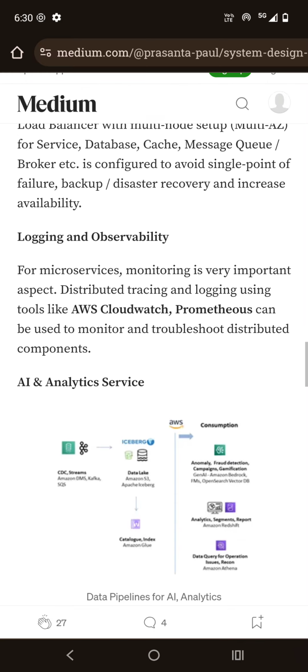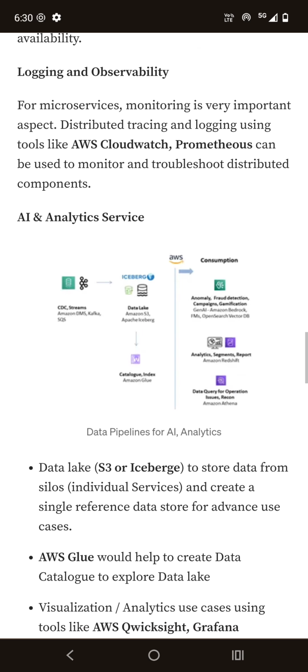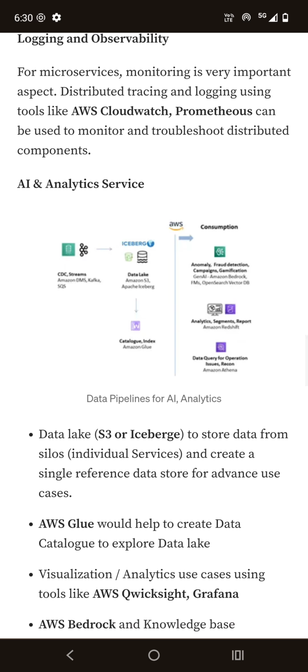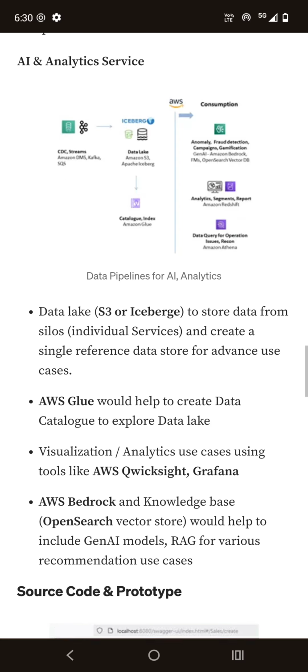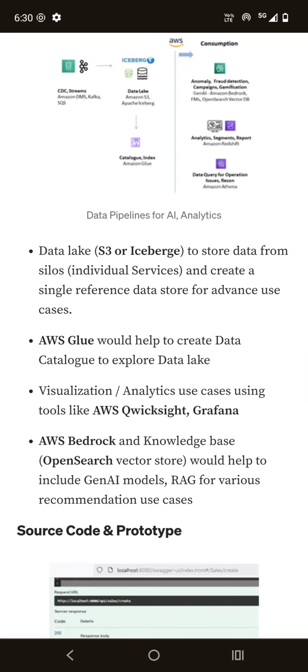In this diagram, it will use the meta service, and metadata for particular files will be stored in AWS S3 media files. Okay, this is a simple diagram. I don't want to discuss much about it. You can also see some AI analytical services. I'm going to ignore them because they are not very important right now.